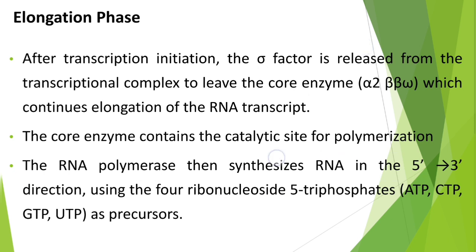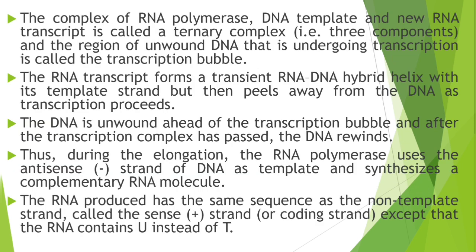Next, the complex of RNA polymerase, the DNA template and newly formed mRNA, all together called the ternary complex, which constitutes 3 components, and the region of unwinding DNA that is undergoing transcription is called the transcription bubble.